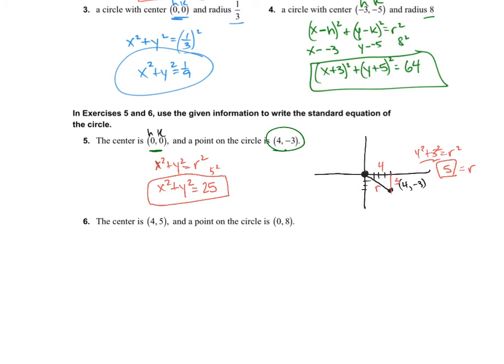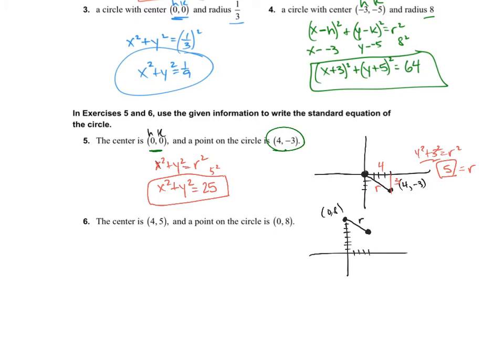All right. So for the next one, it's pretty similar. We have the center at 4, 5. 1, 2, 3, 4, 1, 2, 3, 4, 5, right here. But then a point on the circle is at 0, 1, 2, 3, 4, 5, 6, 7, 8, right there. So that's 0, 8. Now that's the center, so our radius will be like that.